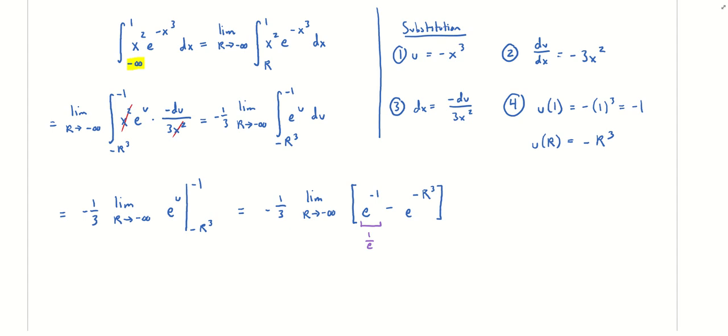This looks a little rough, so let's do this very carefully. Let's consider negative r cubed. So what's r? r is going to negative infinity. We are cubing that. And then we've got a negative in front of all that.